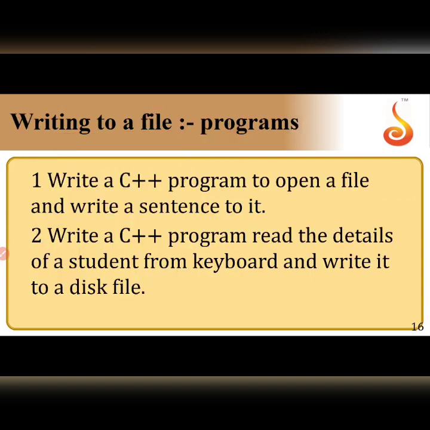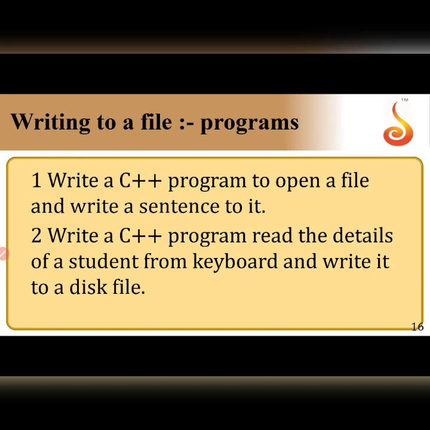Now we will write two programs so that you will understand it in a better way. Then we will write a program to read from a file. After that, we will write a program to read and write. First, we will write to the file and then we will read from the file and print it on the monitor.